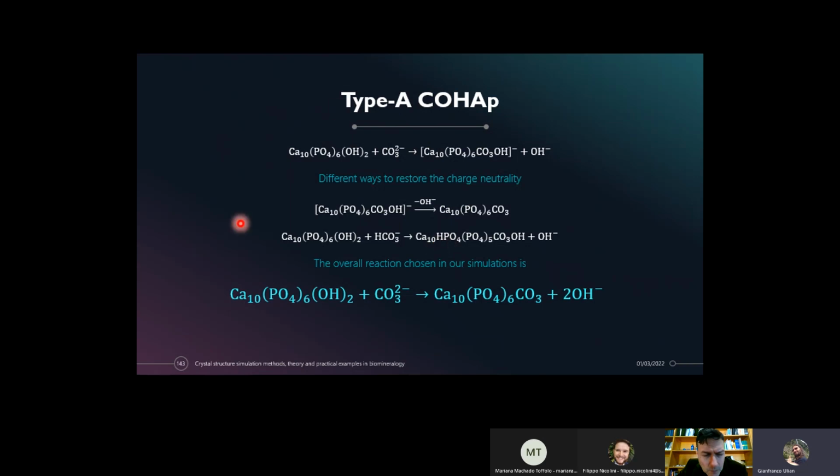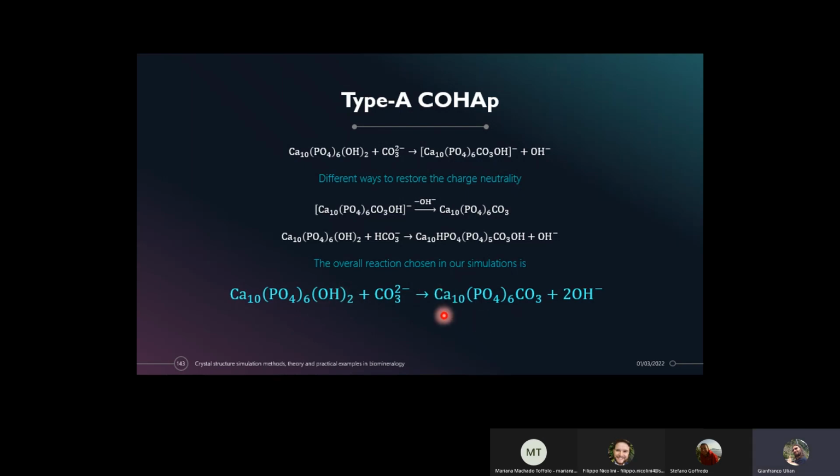So starting from the type A carbonate hydroxylapatite, obviously there is a difference between the hydroxyl charge and the carbonate ion charge, so we have to compensate this charge imbalance because materials are inherently neutral. We restore the charge neutrality, for example, by removing the other hydroxyl group inside the channel.